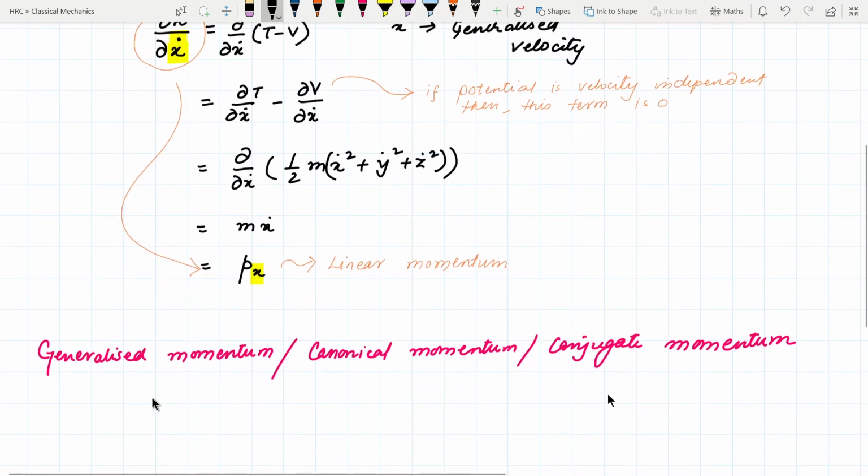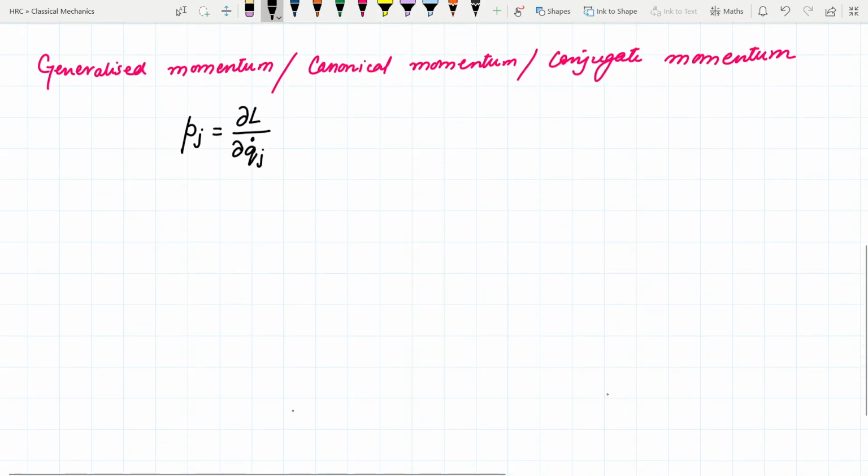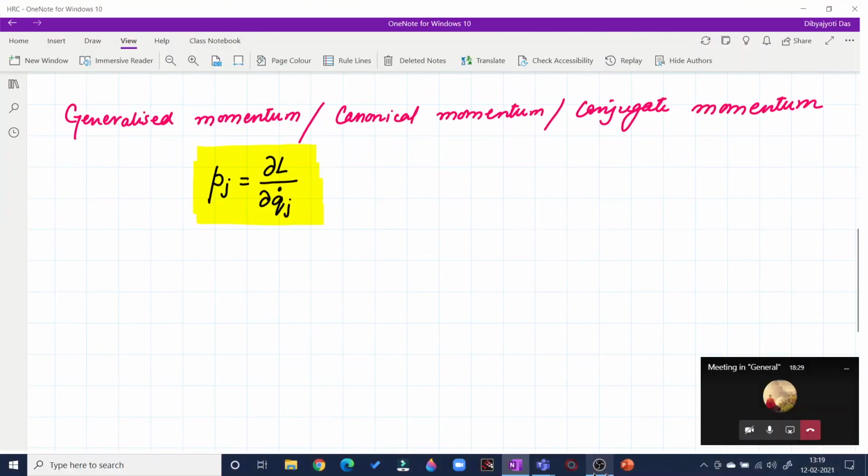So P_j is equal to ∂L/∂q̇_j. That's it. This expression is known as the canonical momenta or the generalized momenta. It's a definition, so it's better that you remember it.